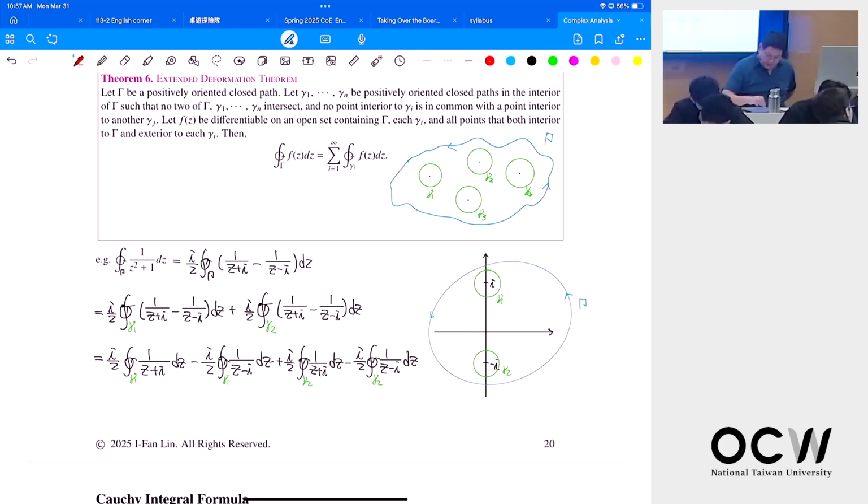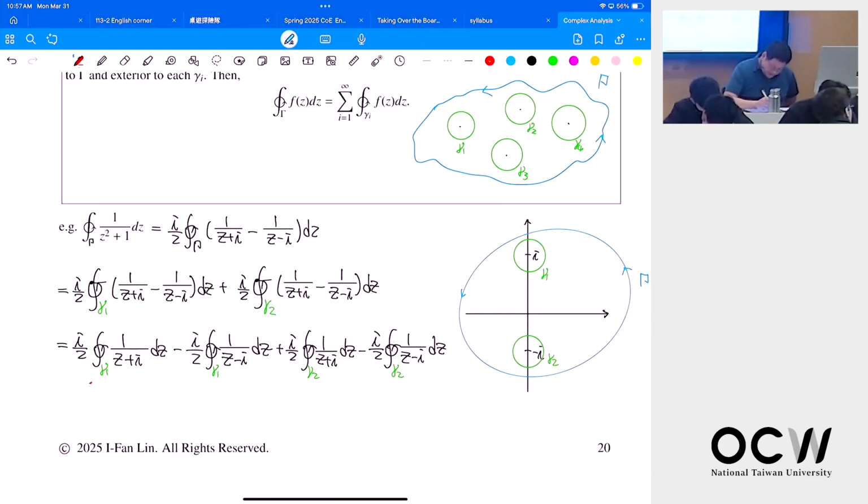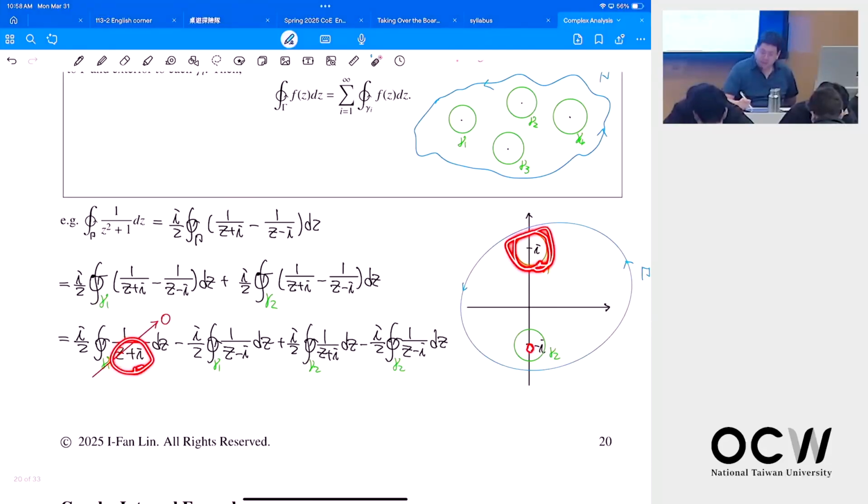So the first part, this integration is 0. I'm doing the circular integration with gamma 1 in this circle, and this singular point is here, right? It's not inside this closed curve. So this integration will be 0.